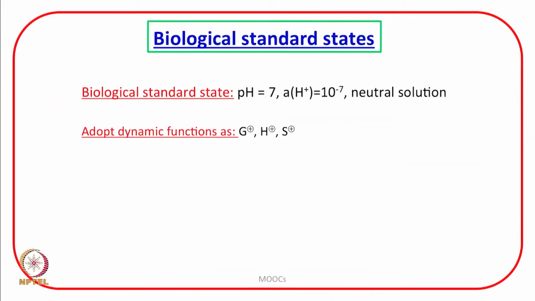So, therefore, we will also use a little different notations for the biological standard states. Let us go to the slide. We will adopt thermodynamic functions as G with this special sign, H and S with these special signs. So, biological standard states for Gibbs energy, for enthalpy, for entropy, we will be representing by these symbols.